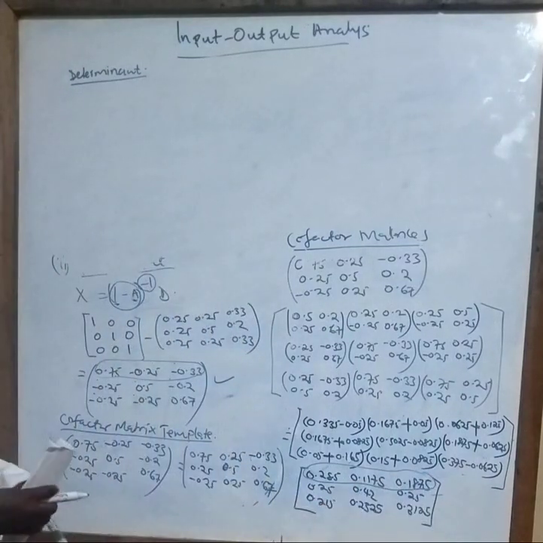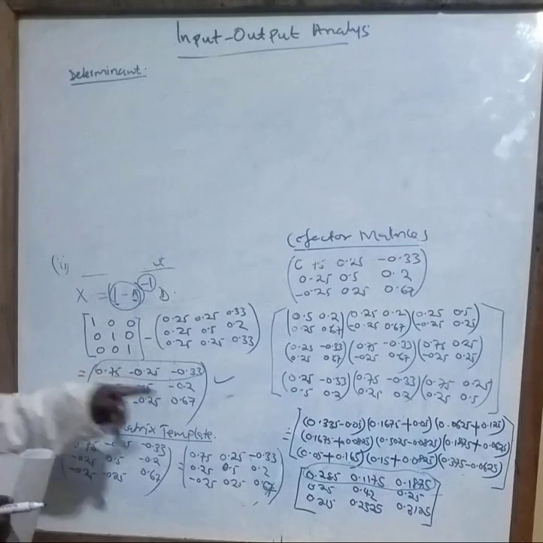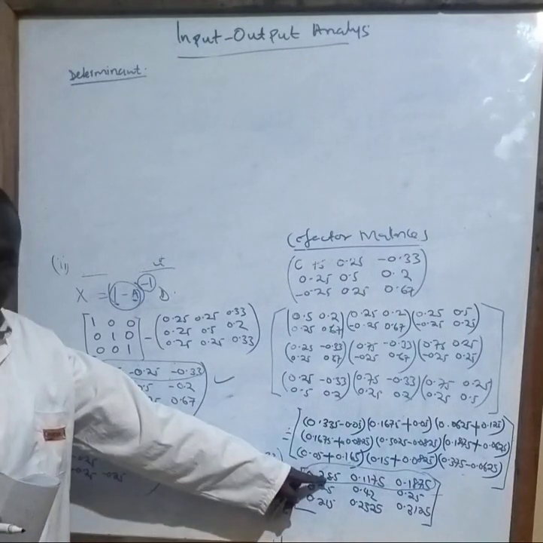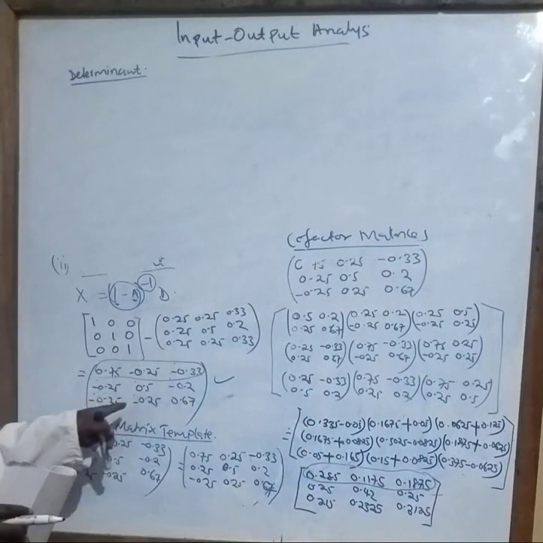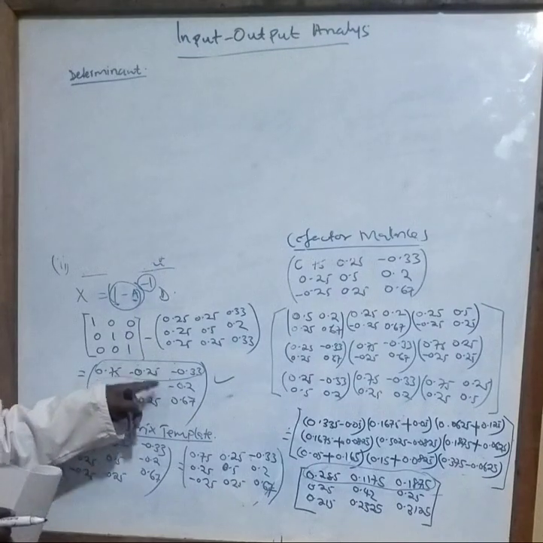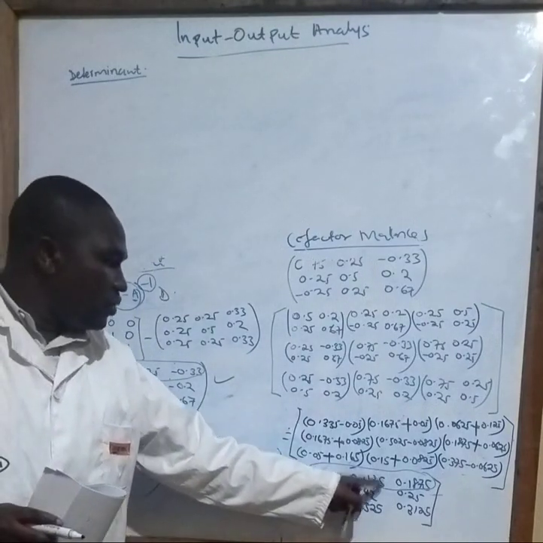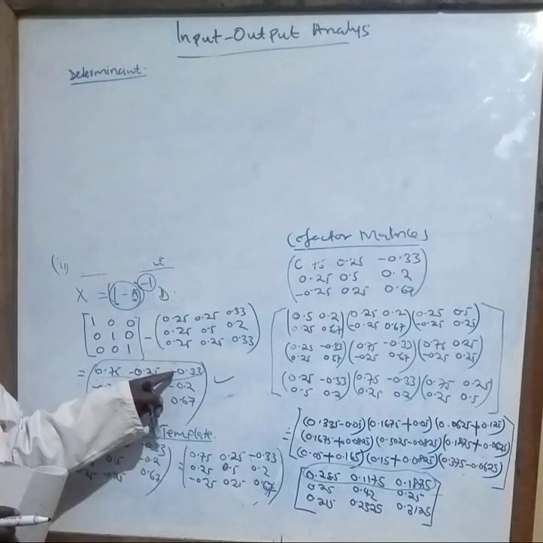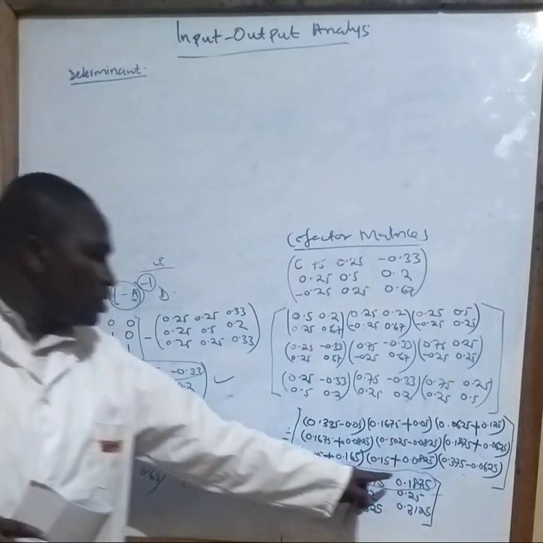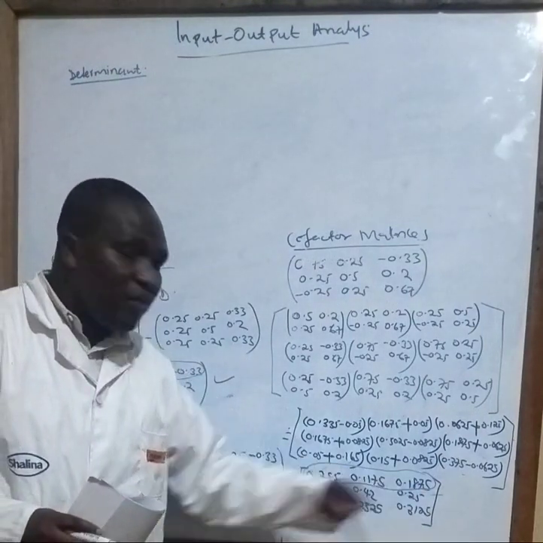So therefore, you take the first part, 0.75 times 0.285 plus negative 0.25 times 0.1175 plus negative 0.33 times 0.1875.